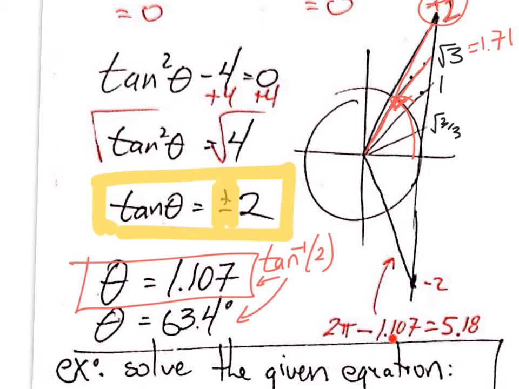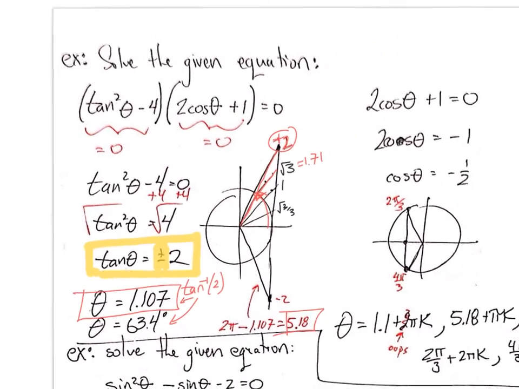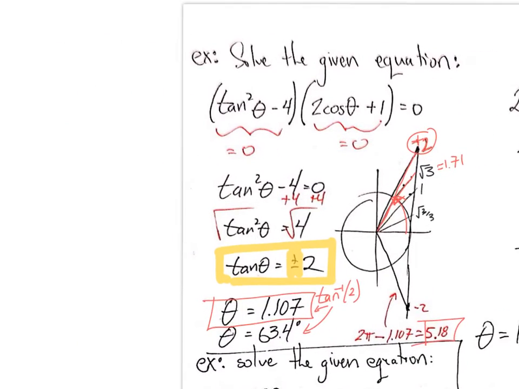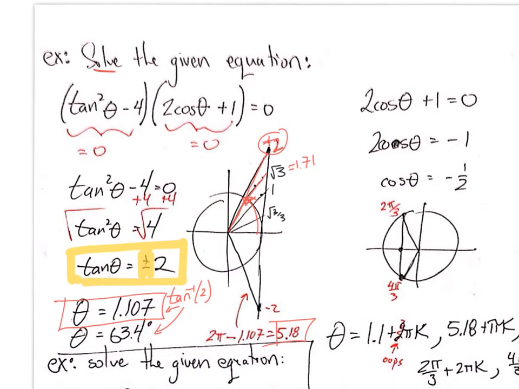So 2 pi minus 1.07, just like you would do 360 minus 60 to get 300 degrees, and it's going to be something really close to 300 degrees, 5.18 radians. The question just said solve the given equation. If that's all it says, let's assume it means all solutions.